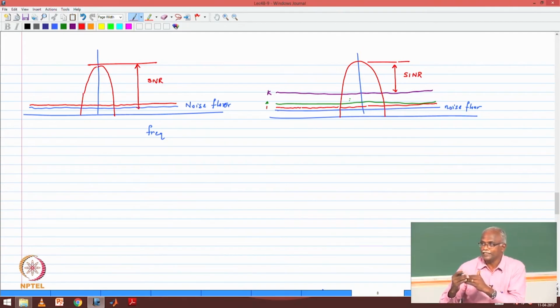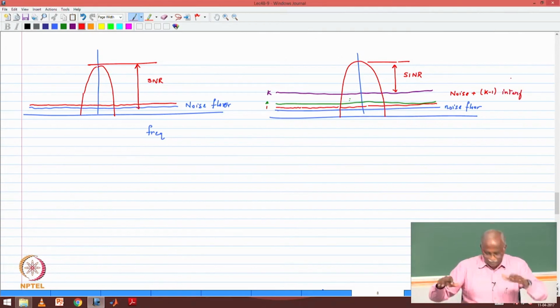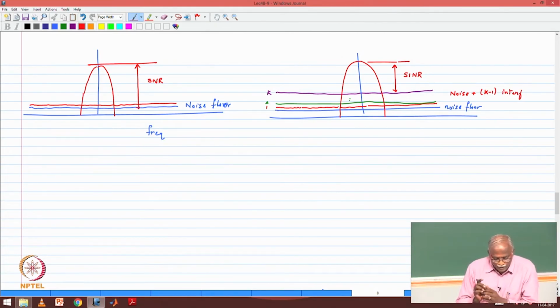Noise plus interference is now higher in a CDMA system. So basically this level will be the level of noise plus K minus 1 interferers. That is the reference impairment level.